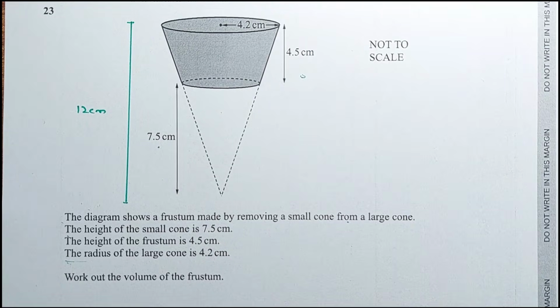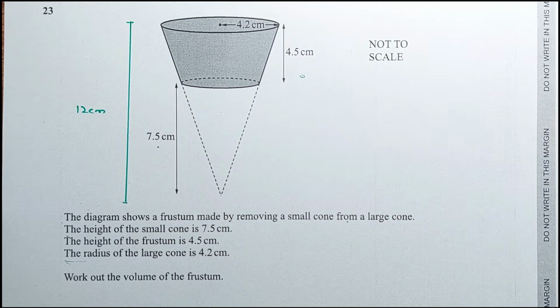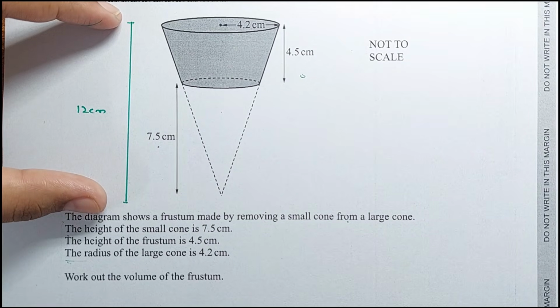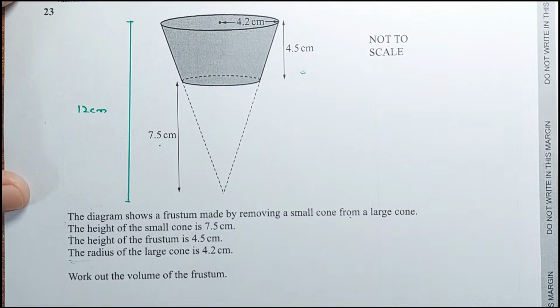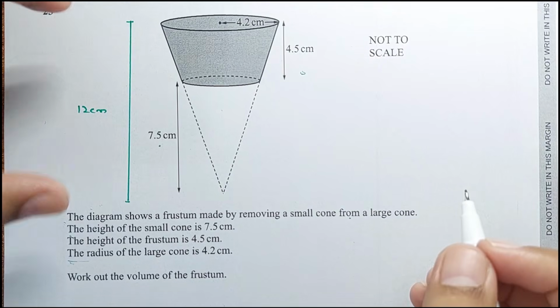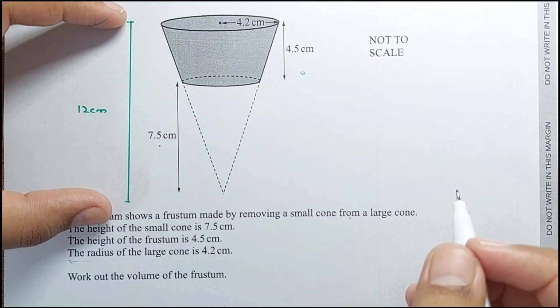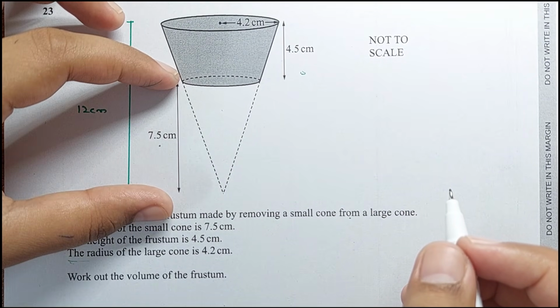Right, so to get the volume of a frustum, we need to subtract the volume of the smaller cone from the larger one, right? The height of the larger cone is 12, the height of the smaller cone is 7.5.